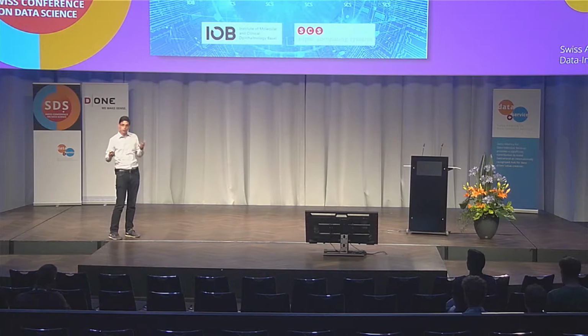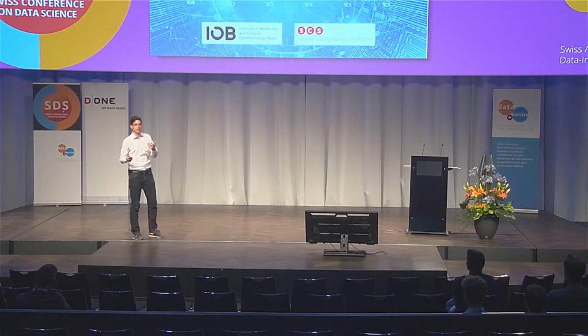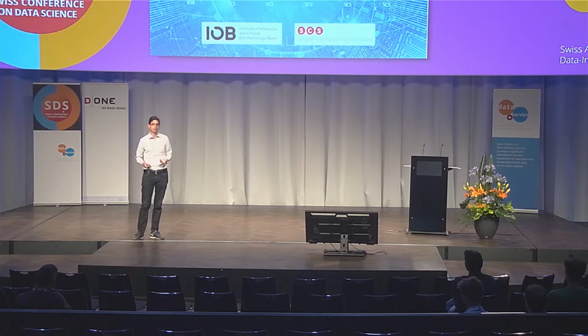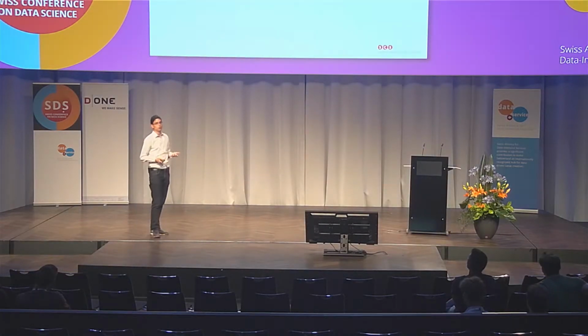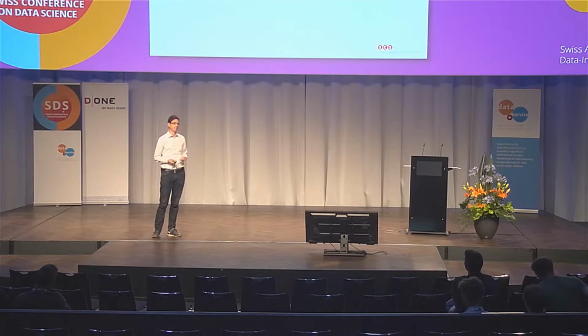Now, the project which we talk to you about today is a collaboration between the IOB, the Institute of Molecular and Clinical Ophthalmology in Basel, and Supercomputing Systems, the company I am working for. Basically, the IOB is our customer, and together we want to achieve the following goals. We want to support ophthalmologists with artificial intelligence.